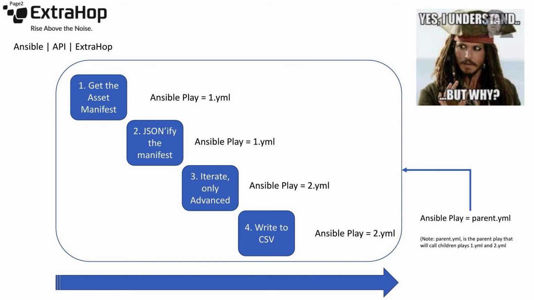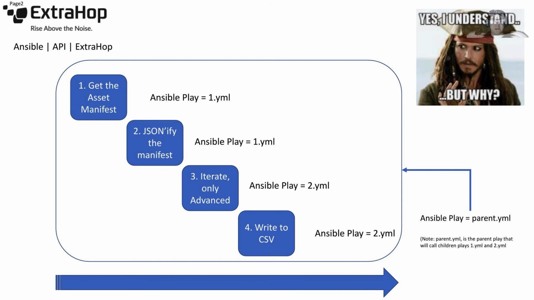But the components of it, if you think of the steps, are these. We're going to get the asset manifest. That's in the first Ansible play, which happens to be called 1.yaml. We're going to JSONify the manifest, so we're going to make it JSON. We're going to modify it a touch, give it that beautiful JSON string.